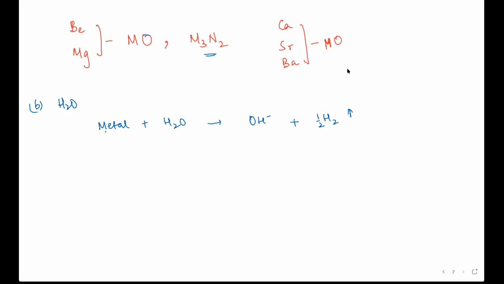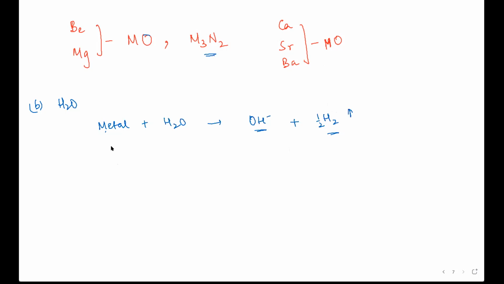So this is the case with both group 1 and group 2. Because of the reactivities, the tendency to react with water changes, but the form of the reaction remains the same. If at all they react with water, they form hydroxides and release hydrogen gas. Okay.